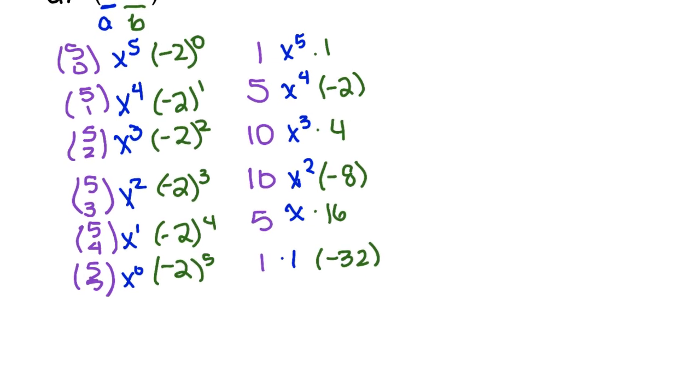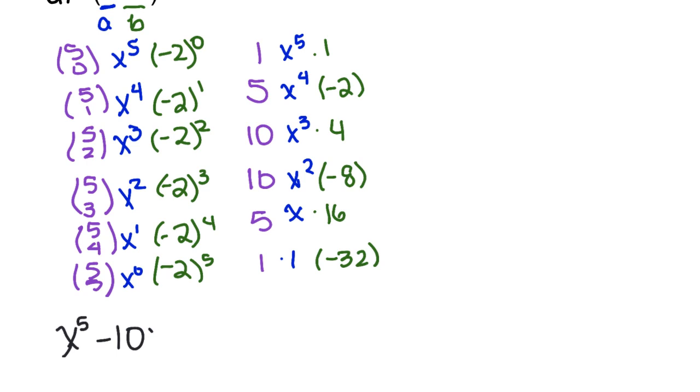And then I'm going to write out my answer. So I have 1 x to the 5th. You don't have to write the 1. So 5 times negative 2 is negative 10, x to the 4th. 10 times 4 is 40, x cubed.